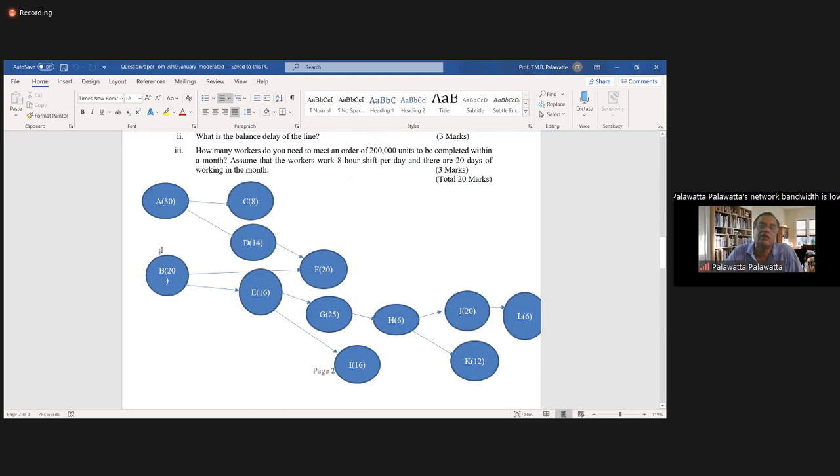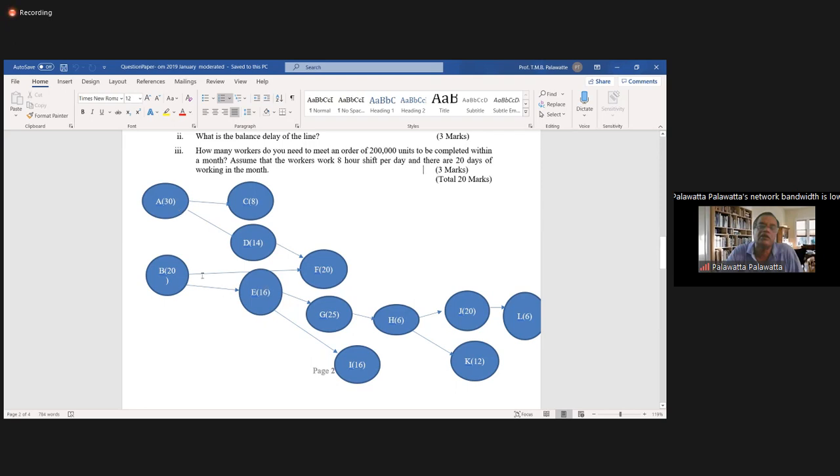allocated next. A plus B, 30 plus 20, that's 50, closer to 65. Having allocated A and B, C is possible, D is possible, E is possible. If you allocate E, then 30 plus 20 plus 16 gives 66, which is above 65.